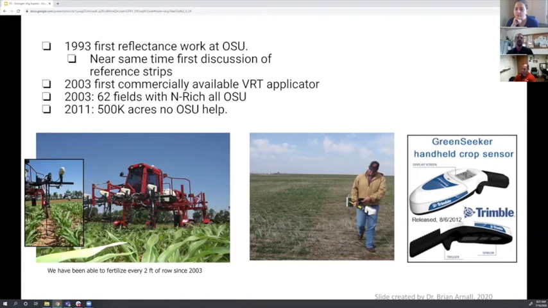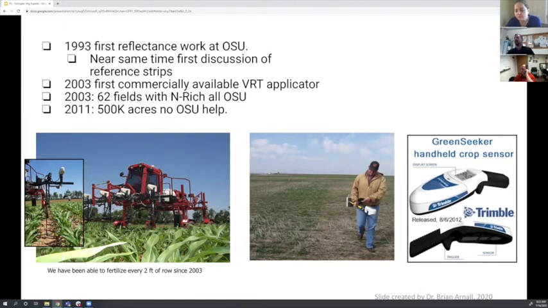So we were able to get to almost a third of a meter resolution with those sensors moving slower. In the applicator, we were moving on larger fields, so it was more like 0.5 meter of row making that fertilizer change. So it was anywhere between 3 and 5 corn plants making that change. Again, that was in 2003, and it worked well for us then.